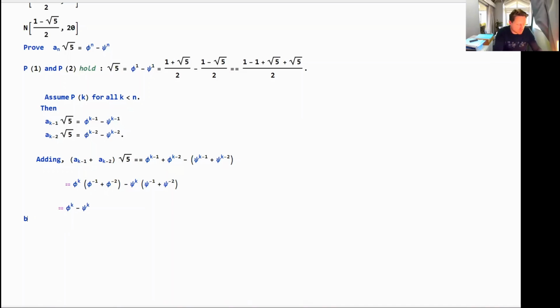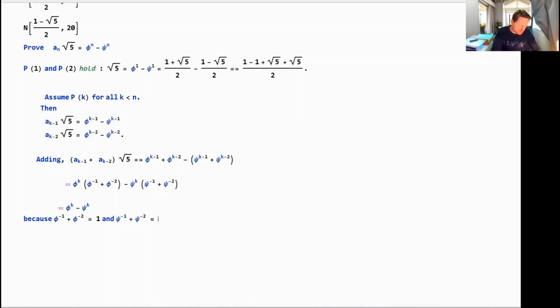Because these are actually both equal to 1, right? And for the moment, that might seem a little bit magical, but I'll show you exactly why.